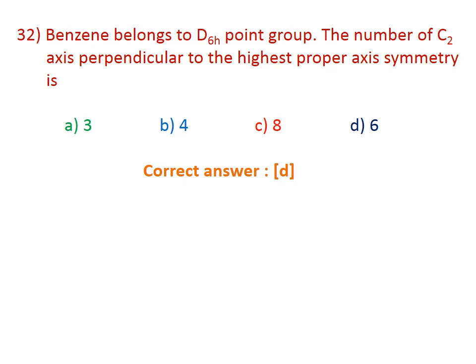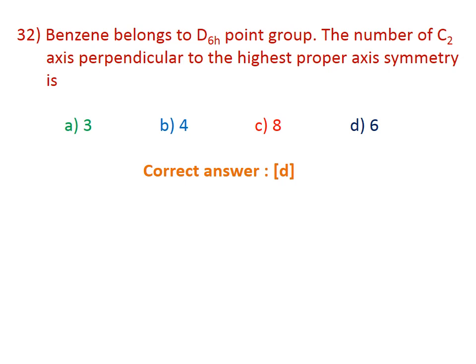Suppose you consider D3h, the highest proper axis of symmetry is C3 and 3 C2 axes must be perpendicular to it. Here also, there are 6 C2 axes of symmetry perpendicular to the highest proper axis of symmetry. The correct answer is D.